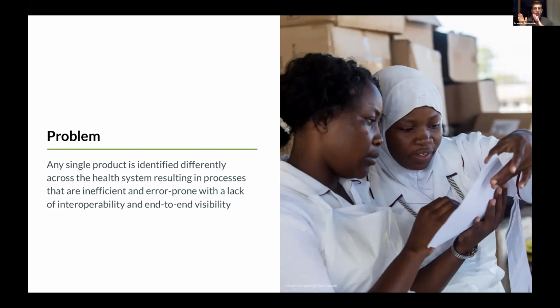From the time it's ordered to shipped to delivered to going to a warehouse, to going to a district, to going to a community health worker or a facility, it has different ID numbers and different names along the way. And that means it's very inefficient and error prone and very manual, a lot of manual work to try to track how much of the medicine is consumed or used or wasted or shipped or ultimately reaches patients.